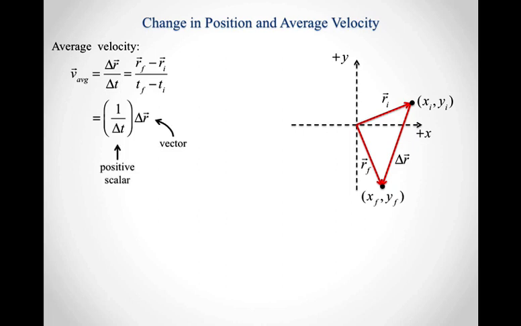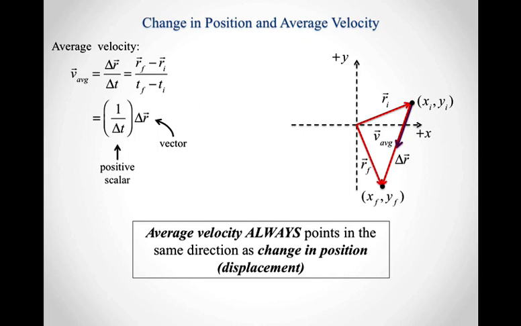Because delta t is always positive, 1 over delta t must be positive, so I'm multiplying the change in position vector by a positive scalar. From what I know about multiplying vectors and scalars, that means the direction of the average velocity has to point in the same direction as the change in position. So it is always true that the average velocity vector and the displacement vector point in the same direction. They have to, simply because of the way the average velocity vector is defined.